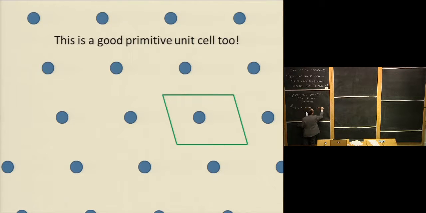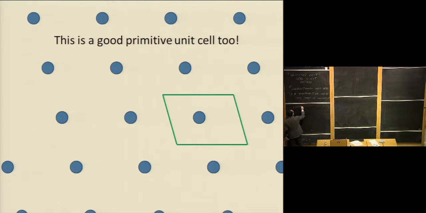A conventional unit cell is a non-primitive unit cell that is convenient, which usually means orthogonal axes. Did I spell that right?